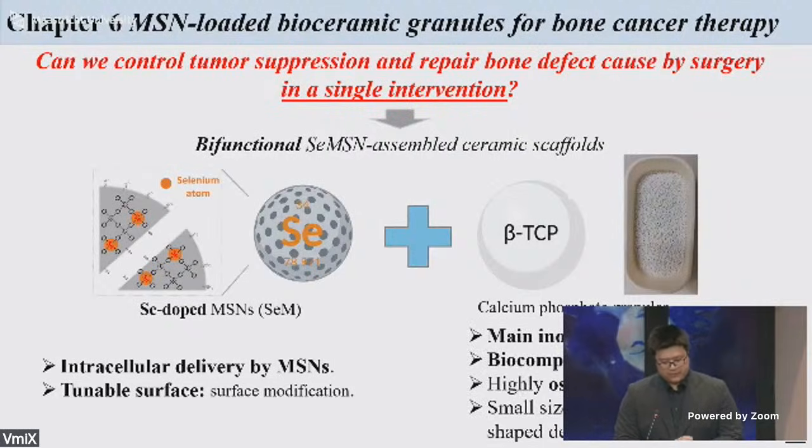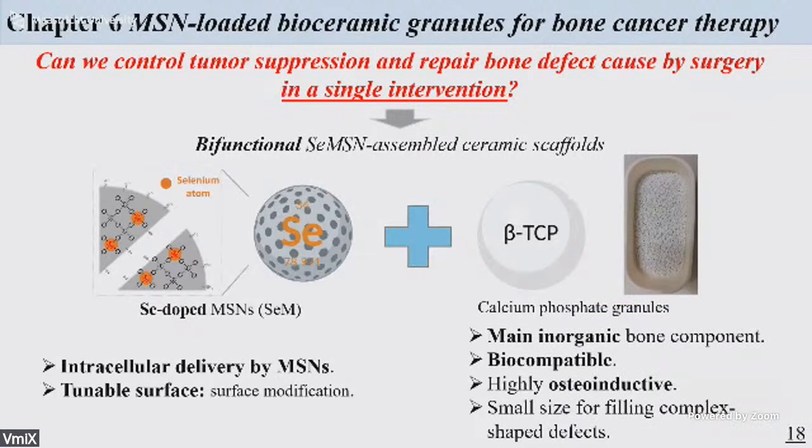We here use beta-TCP as the osteogenic cue because calcium phosphate is the main inorganic component of bone, and it is biocompatible and osteoinductive. Moreover, the smaller size of the granules can allow support of irregularly shaped bone defects.